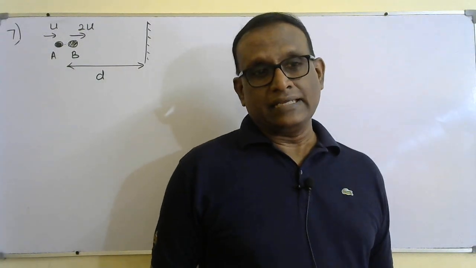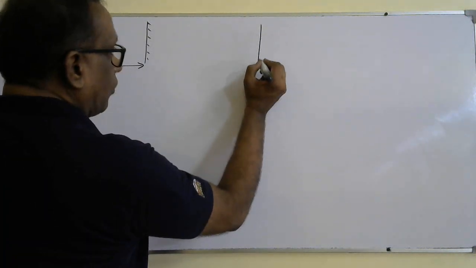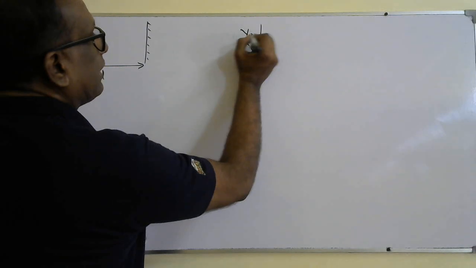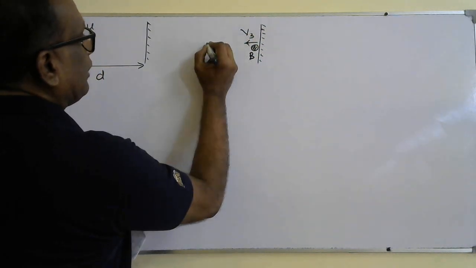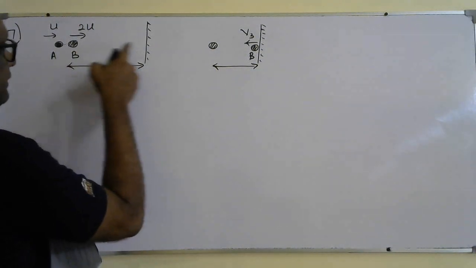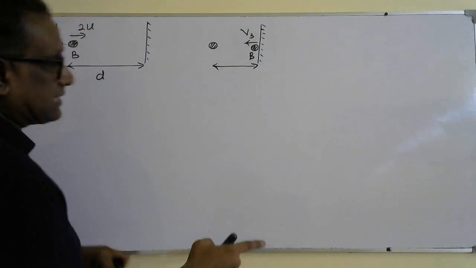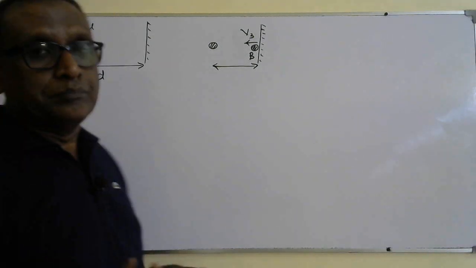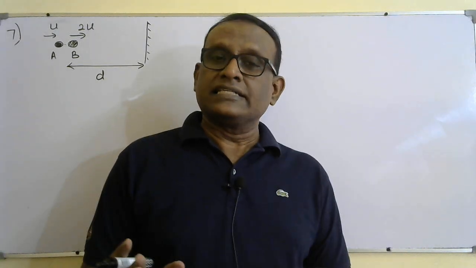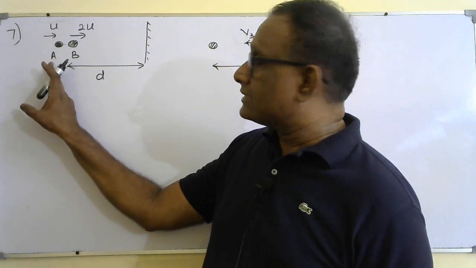Half of it, because the speed of A is half of the speed of B. For example, when B travels 10 meters, A can travel 5 meters; if B travels 20 meters, A travels 10 meters.